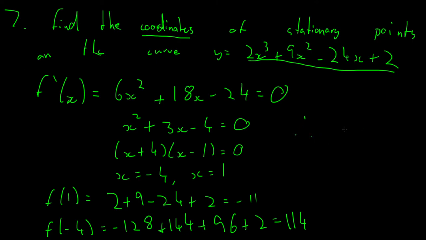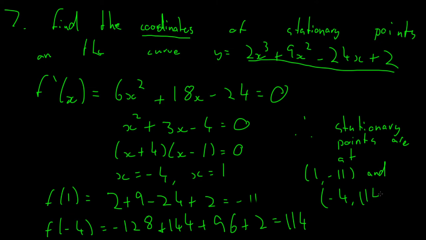Therefore, stationary points are 1 comma minus 11 and minus 4, 114.